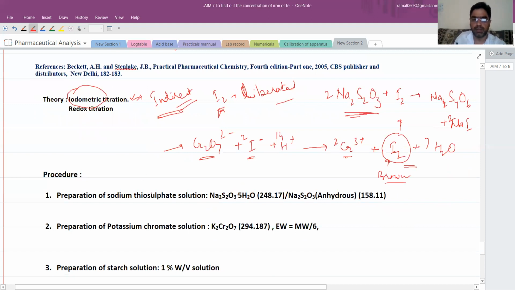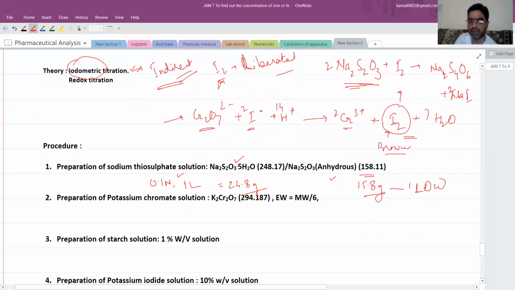In order to prepare 0.1 normal, 1 liter solution, if we have the pentahydrate, 5H2O sodium thiosulfate, we will take 24.8 gram of sodium thiosulfate and dissolve it in 1 liter of distilled water. So we will get the 0.1 normal sodium thiosulfate solution. If we have the anhydrous, we will take 15.8 gram of sodium thiosulfate and dissolve it in 1 liter of distilled water. This is the way by which the sodium thiosulfate solution will be prepared.